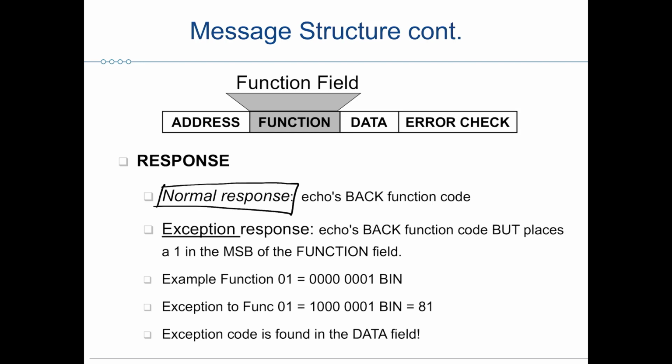It's where the server echoes back the same function code that was sent in the request. And that's your indication that it's a normal response and that you can trust the rest of the message in terms of the data being retrieved, and that it's indicating the true real-time values for the points.